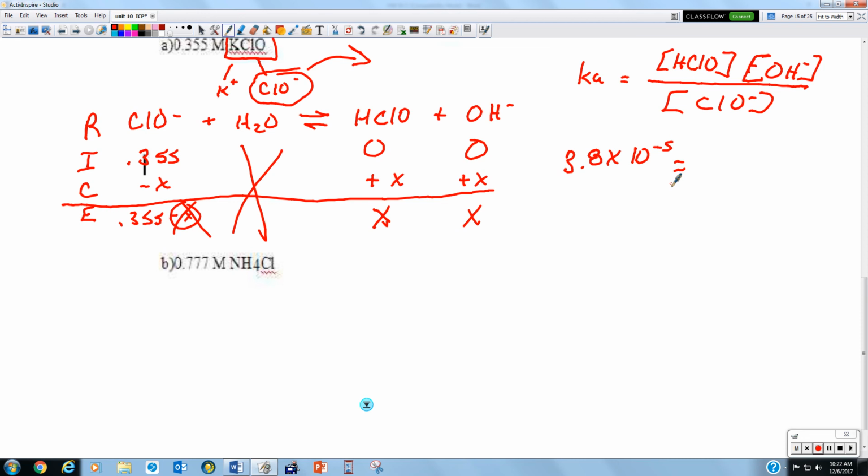From the table. All right. And then this top part is going to be x squared. And then the bottom, we are just using the original concentration, 0.355. We are trumping our x. So x is going to be equal to the concentration of OH negative, which equals what?